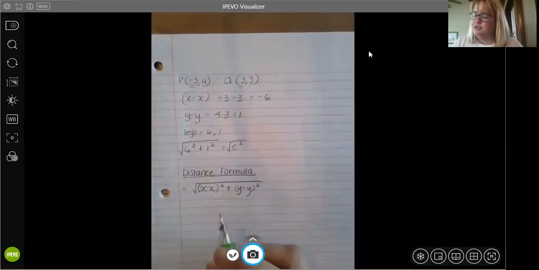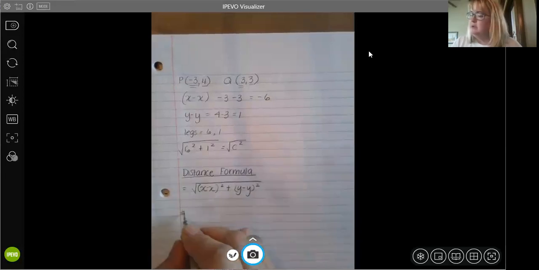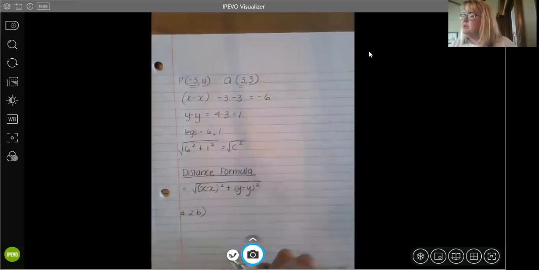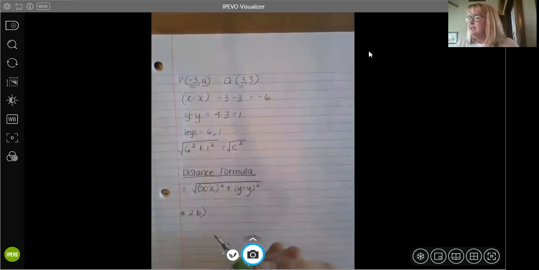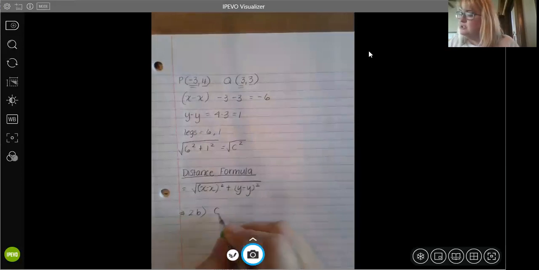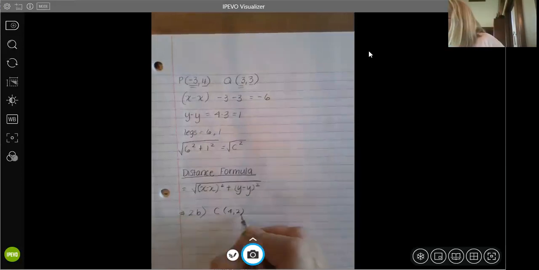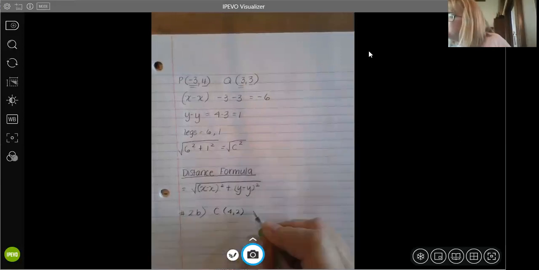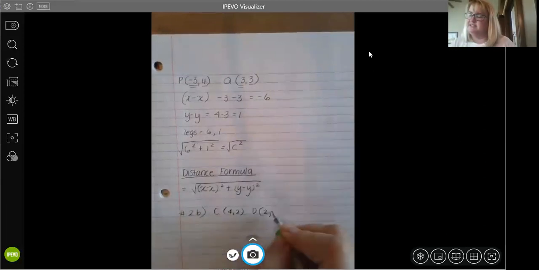All right, let's do number 2B. 2B says find the distance between each pair of points, and then it says which pair of points are the least distance apart. That's what number 2 says. But let's find the distance between C, which is at 4 and 2, and D, which is at 2 and -6.